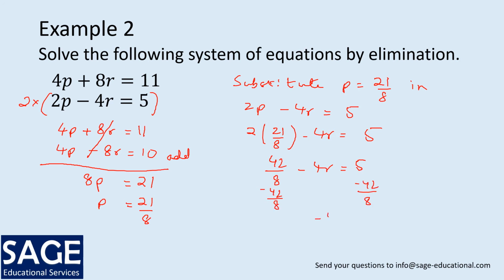That gives me negative 4r is equal to negative 4, and that gives me r is equal to 1 over 16. So the solution to this set of equations is 21 over 8, 1 over 16, if I am writing the ordered pair as PR.